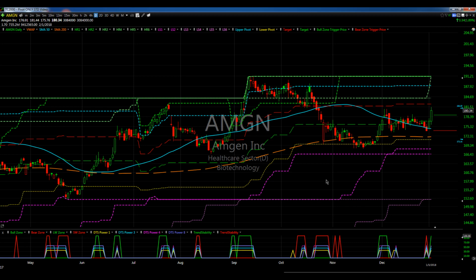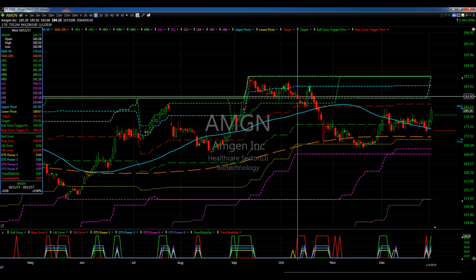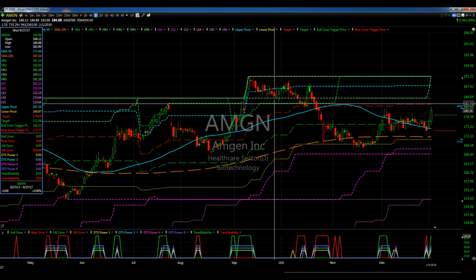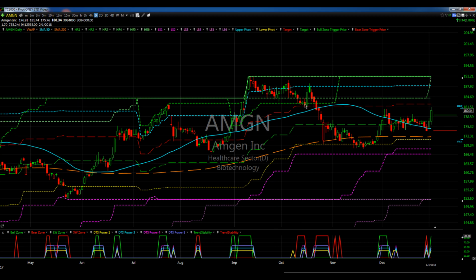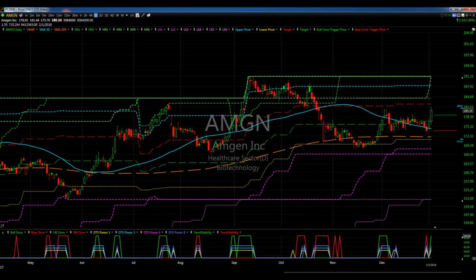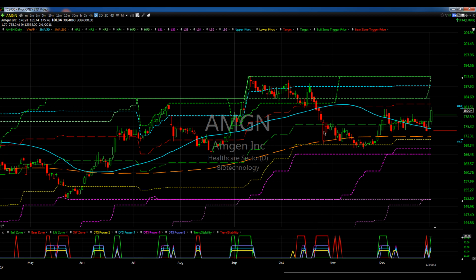But the gist of what you see here is this is what I'm scanning for, and as you can see here, this showed up in the bear zone. It did go down for a few days, but these green lines are support, and that's why it fought for a few days, tried to bounce back up, headed back down again, came right back into the bear zone, and continued on down.